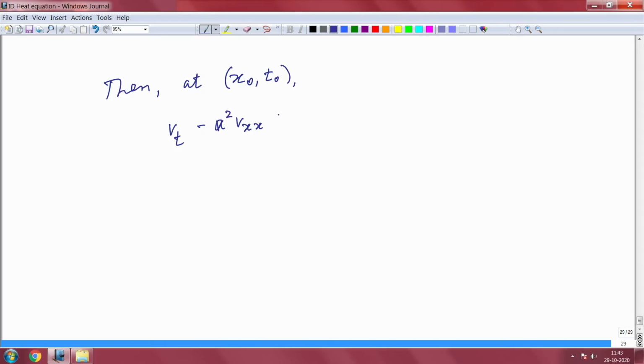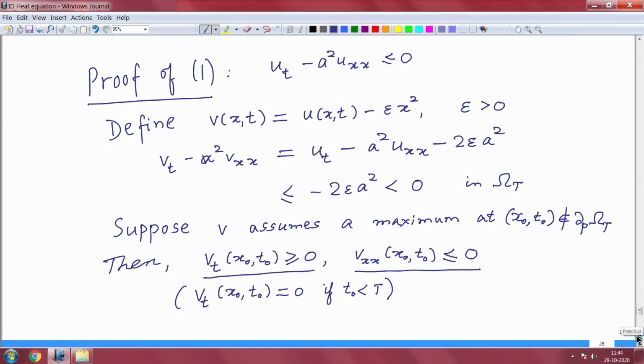So, this quantity is non-negative, but we have just shown by hypothesis that it is strictly negative.